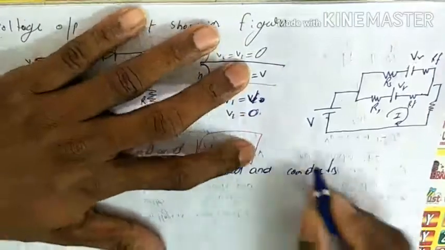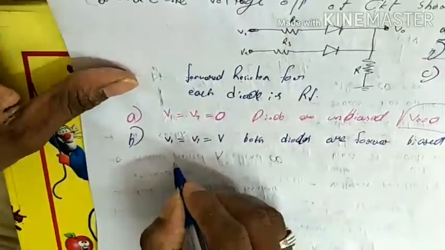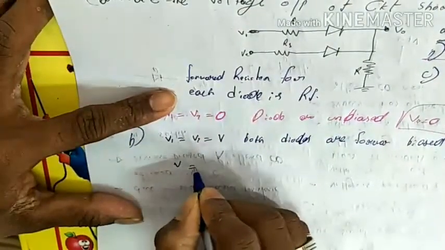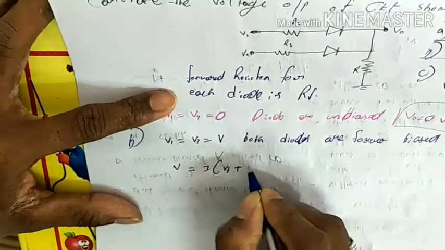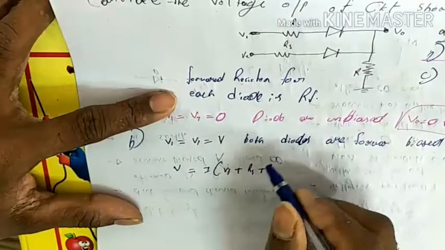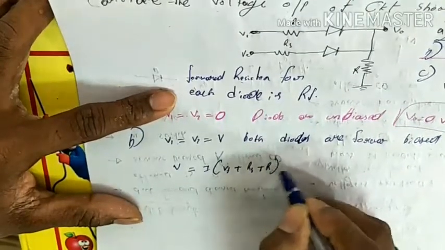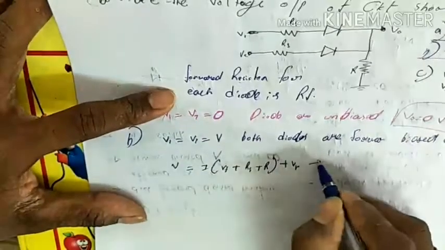So now what is the equation we will get for the above circuit? The equation is V equals I times (RF plus RS plus R) plus VR.